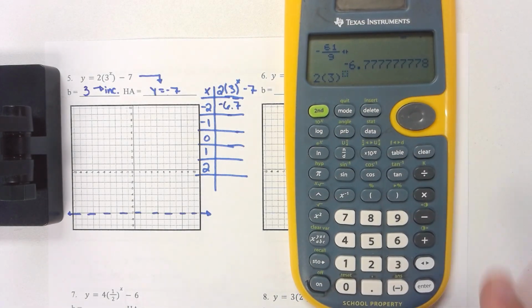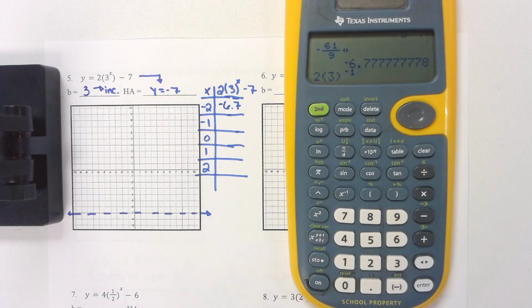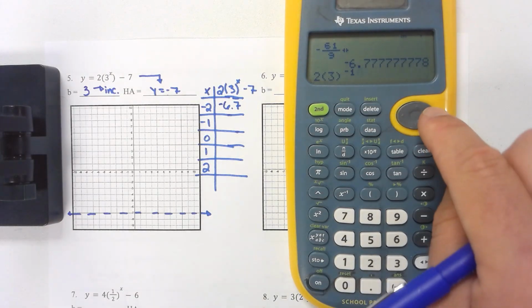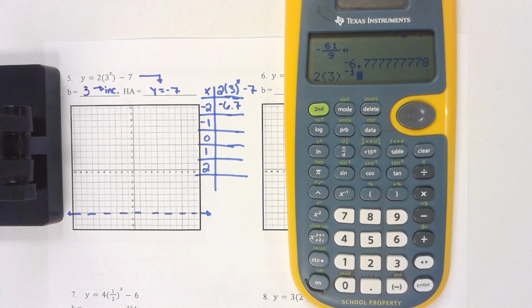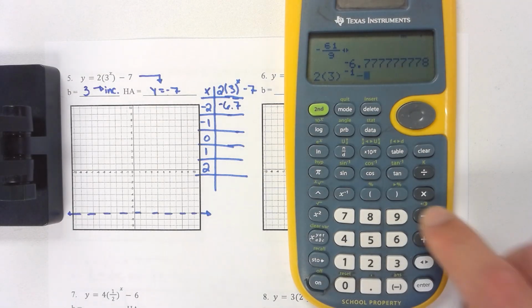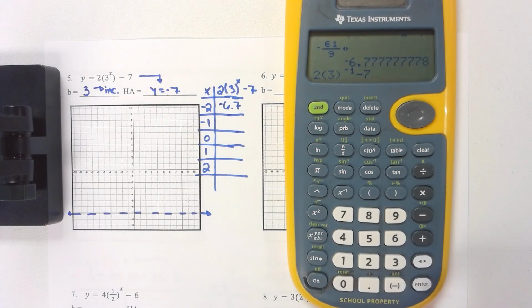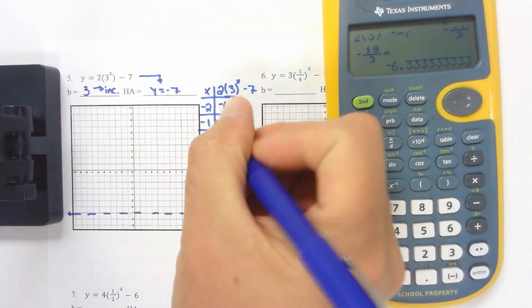We're going to make our exponent negative 1. Then hit the right arrow key so that we are outside of the exponent, and we need to subtract 7. Make sure you're using the subtraction button. Again, it gives it to me as a fraction. That's not very helpful, so I'll hit the button where the arrows go in opposite directions, and I get negative 6.3.